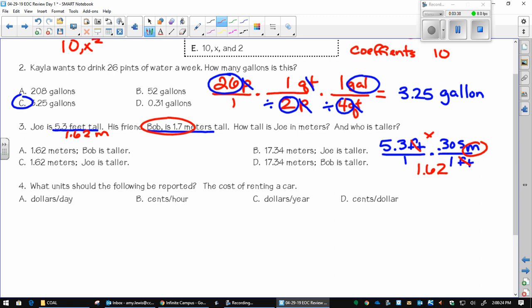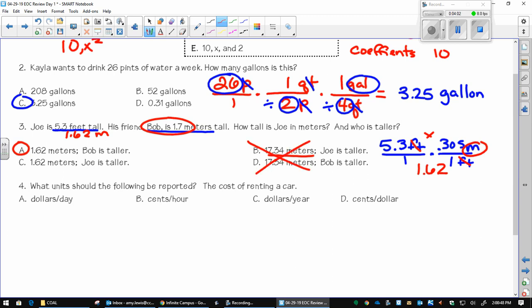So that's the long way to get that answer, but I want you to think about this because I didn't really have to do any work on number 3. I should automatically have a clue that a meter is almost a yard, and there is no way that Joe or Bob is anywhere close to 17 meters tall.